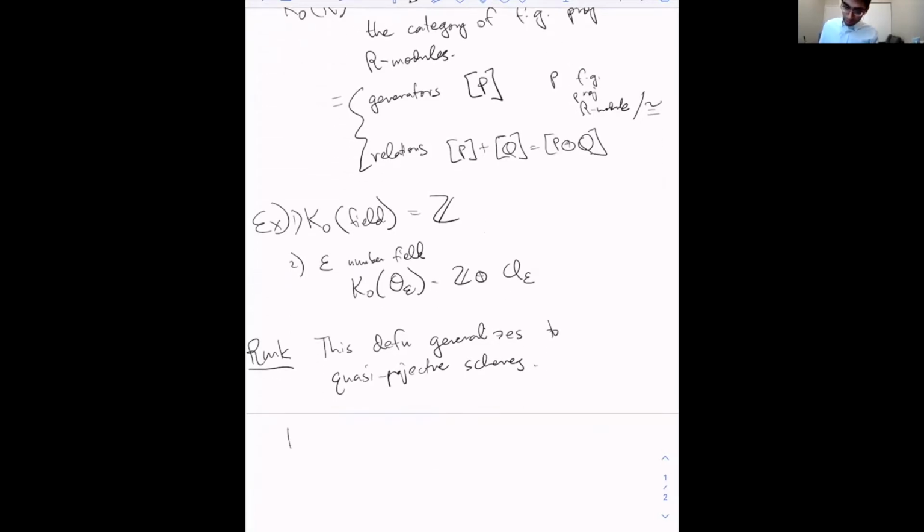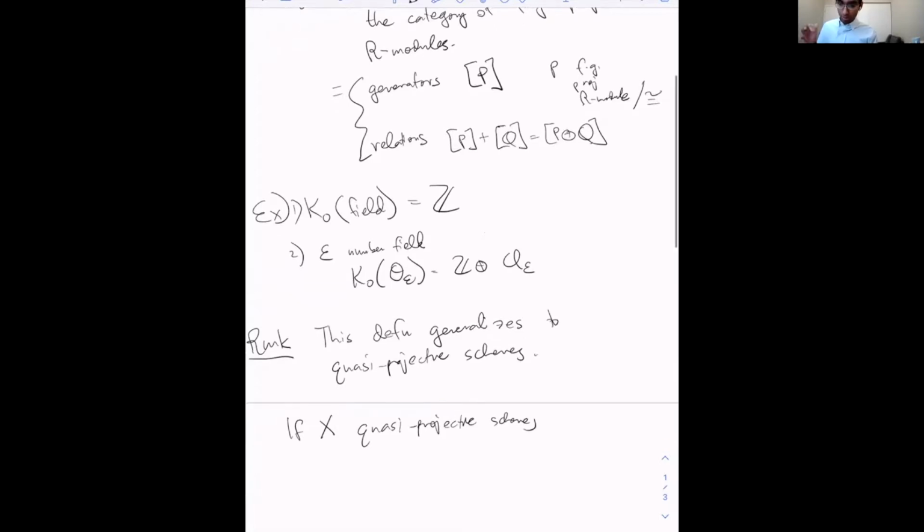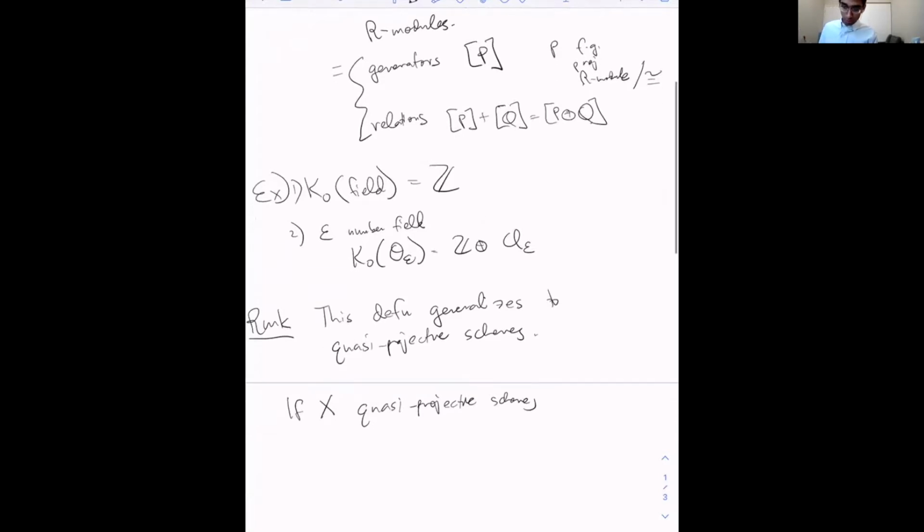If X is a quasi-projective scheme, then we can define K0 of X in a similar fashion, but using vector bundles on X. The vector bundles give the generators, and the relations come from short exact sequences of vector bundles.